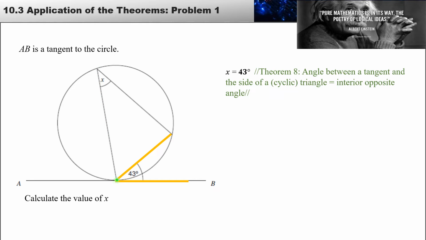We know that this one is cyclic because all the vertices of the triangle touch the circumference of the circle. So it being a cyclic triangle, and we have this angle here between the yellow lines being 43 degrees, that will be equal to the interior, meaning inside, opposite angle, right? So what angle is inside the triangle and opposite to x? Well, it's 43 degrees, so that x there has to be 43 degrees.